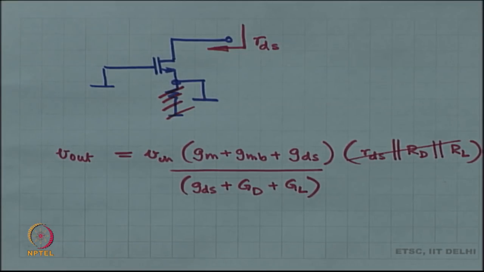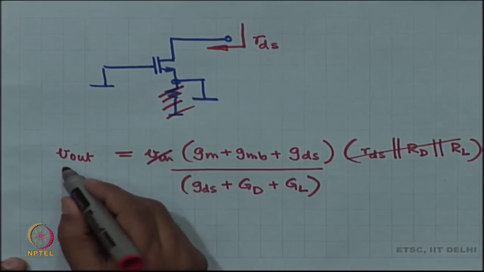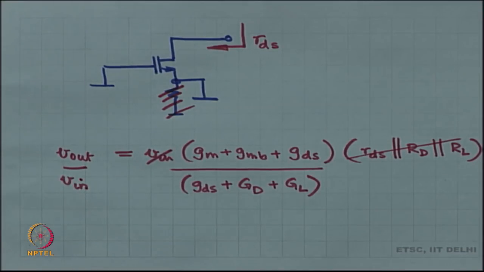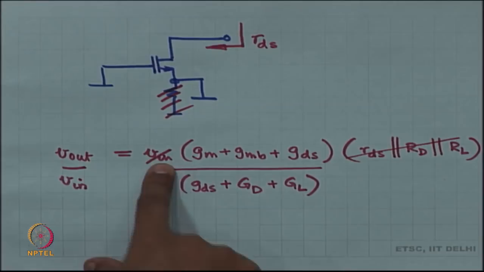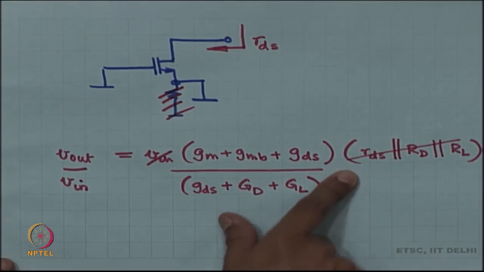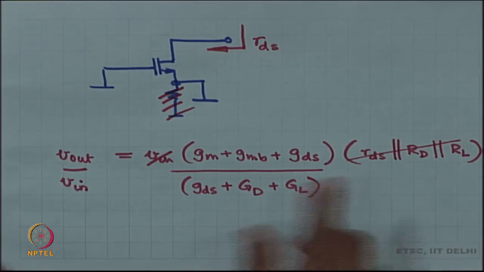Okay. And therefore, the voltage gain is plus, this is a plus as in this positive not negative, GM plus GMB plus GDS by GDS plus GD plus GL. Is this okay so far?